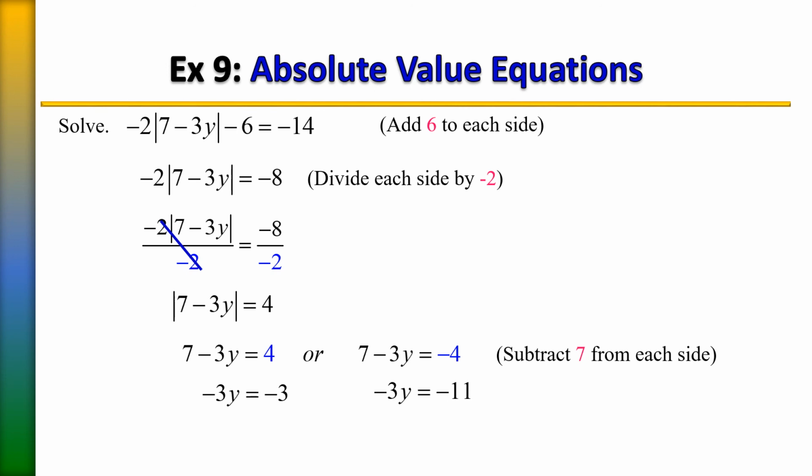For the other one, once we divide by negative 3, we're going to have negative 11 divided by negative 3, which is positive 11/3. So our two solutions are 1 and 11/3. And there you have it, absolute value equations.